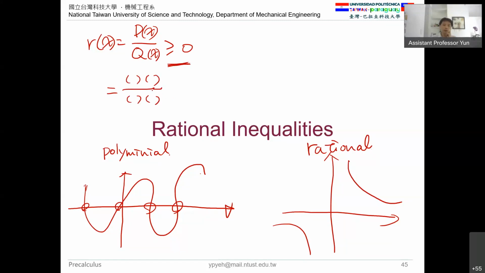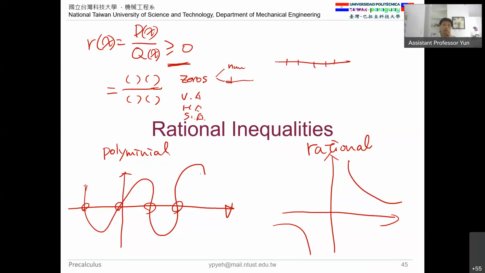And then we find the intervals, or the zeros, or the intercepts of the numerators and the denominators. Okay, and also find the vertical asymptotes and the horizontal asymptotes, or even the slant asymptotes, right? And then we also find the intervals.